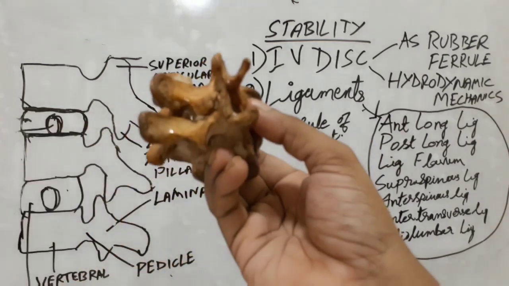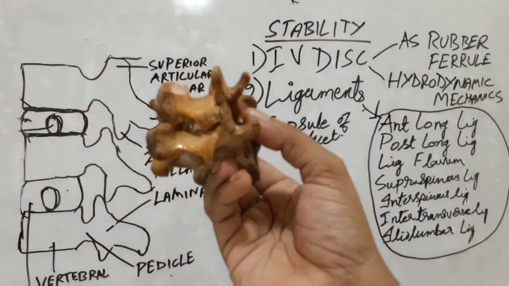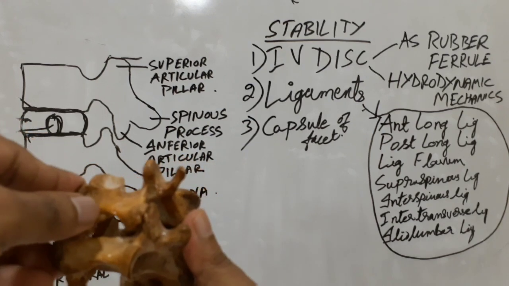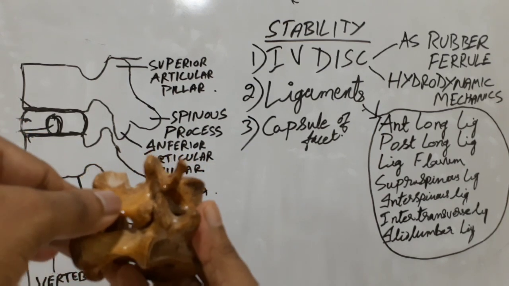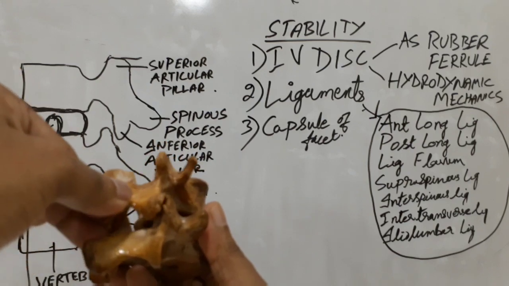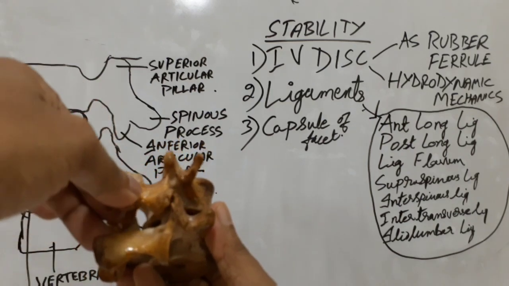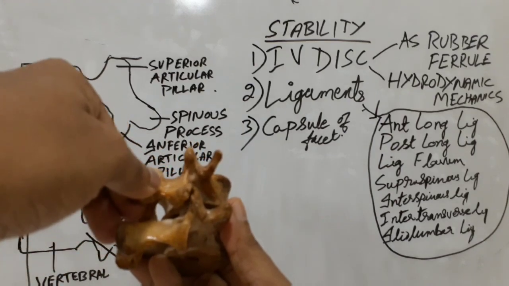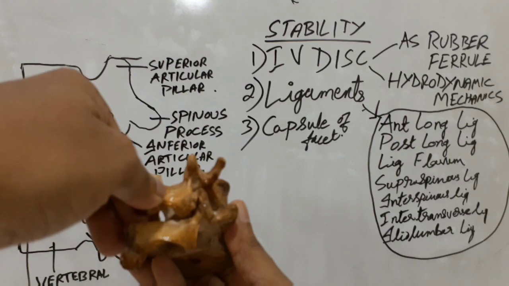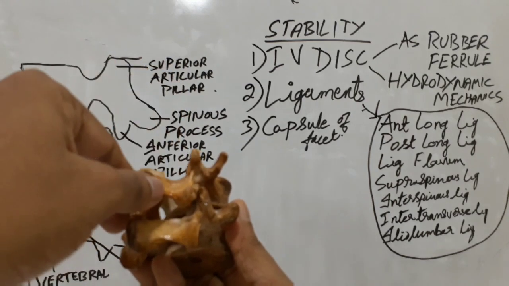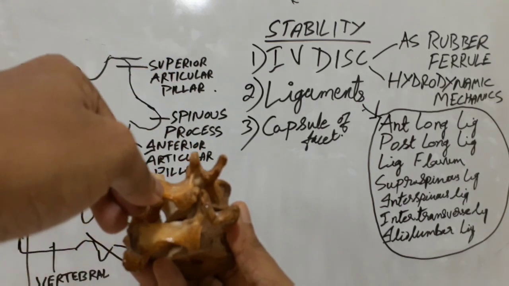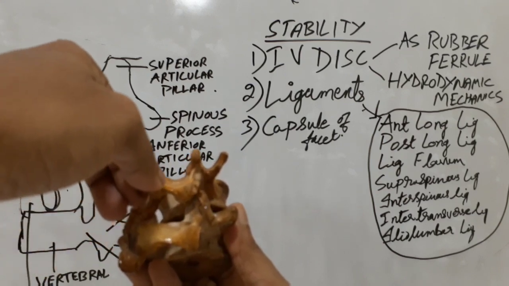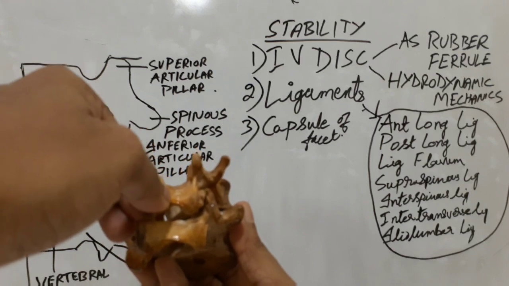It's not a great stabilizer, but for academic purpose you have to remember, this limits flexion. Not so great, but theoretically yes, it limits flexion. As you can see, when I do flexion, there is opening up of the facet joint, and thus the capsule gets stretched. I hope this is coming in the video.